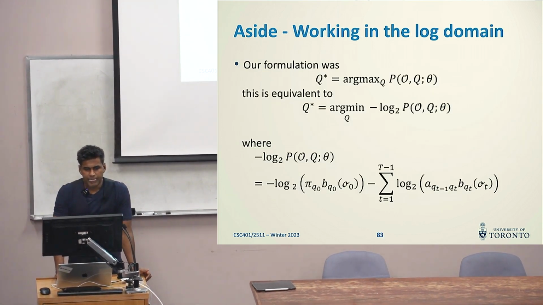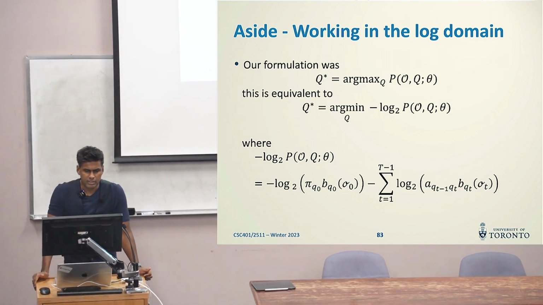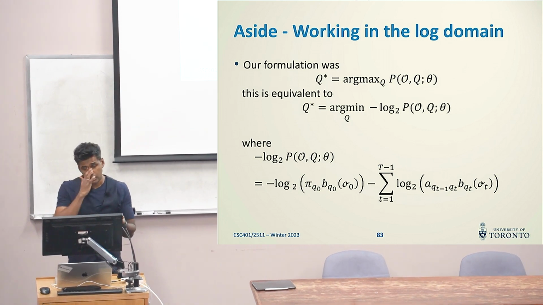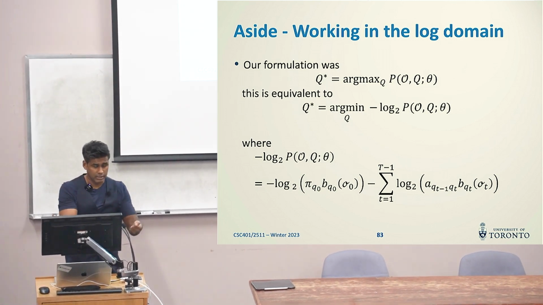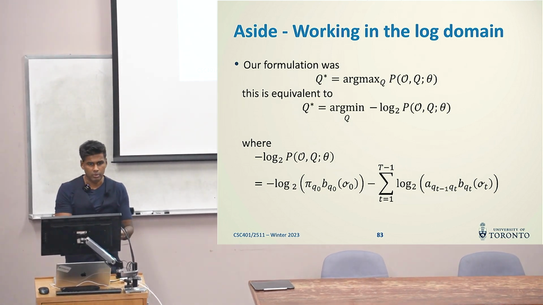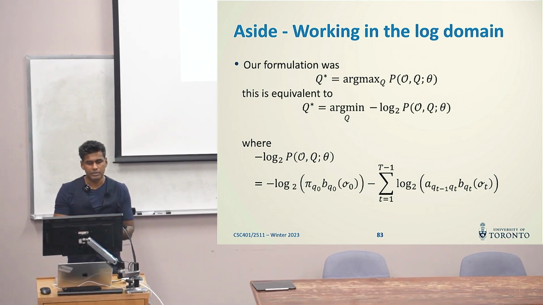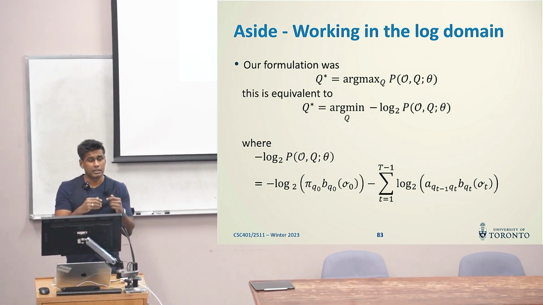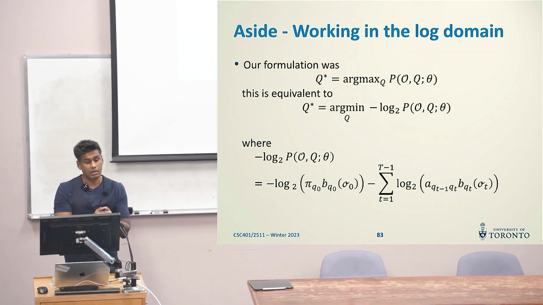All right, and this is a side slide. It just explains why we use the log domain in actual problem solving or coding and whatnot. The reason we formulate these probability calculations into log is because firstly, it's an equivalent surrogate objective function.